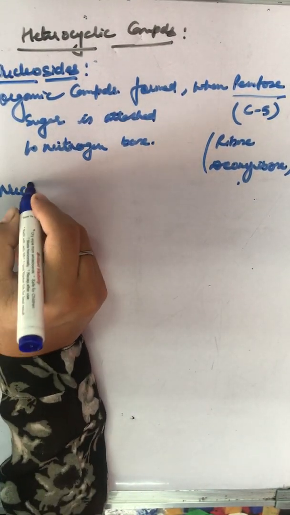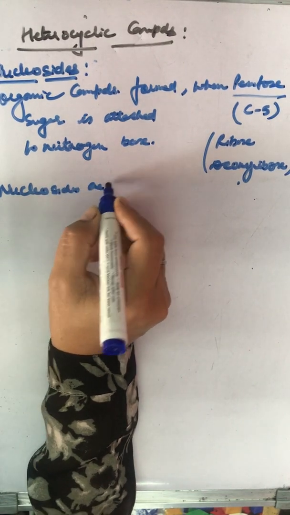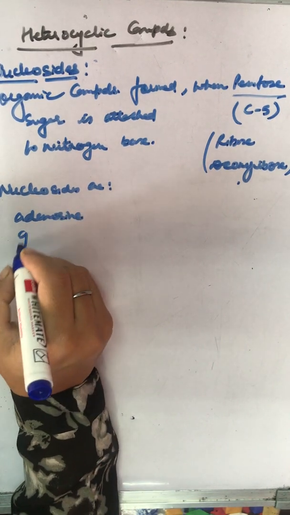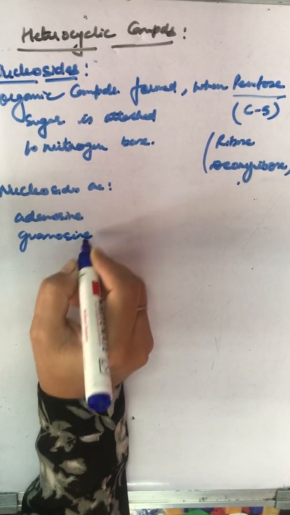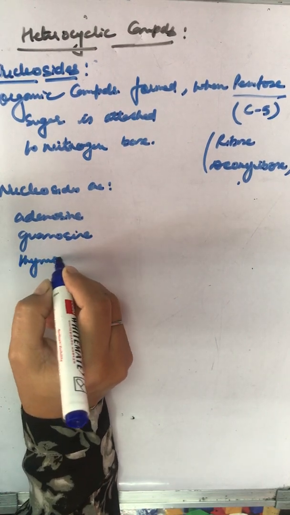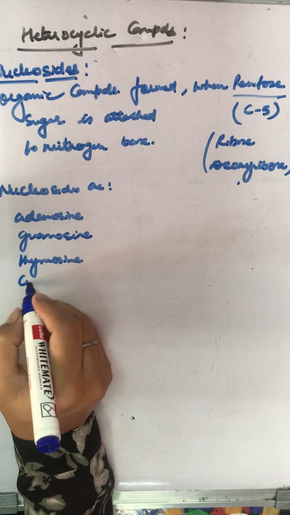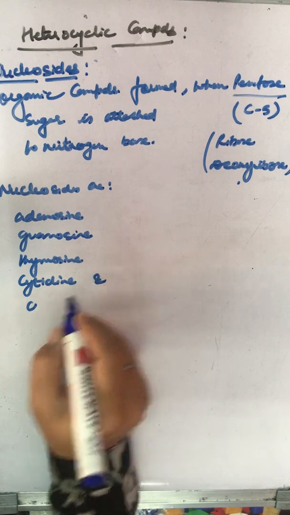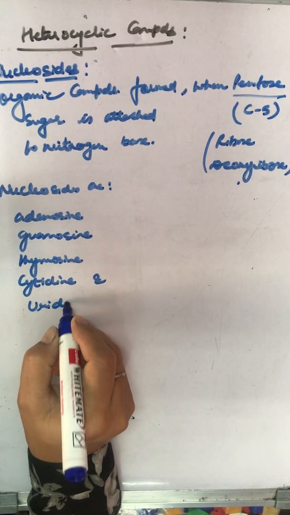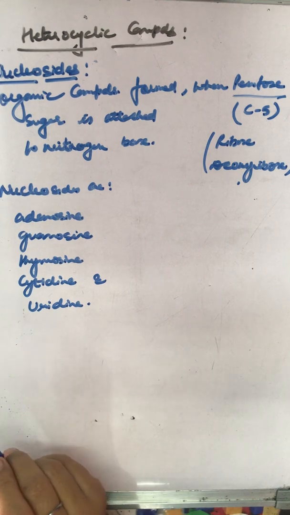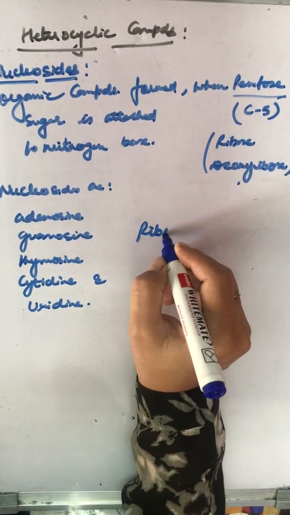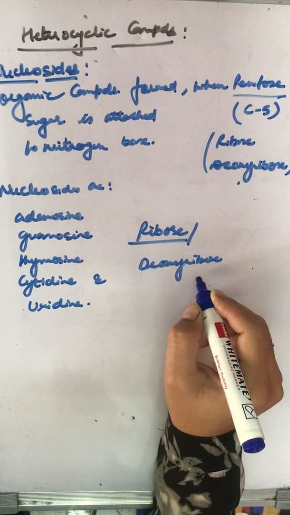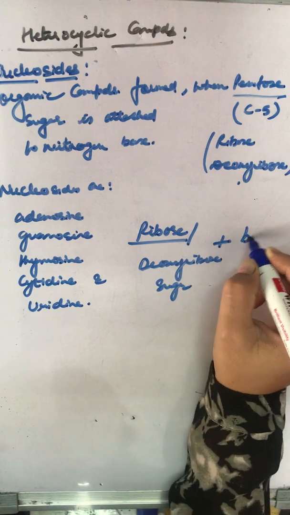So nucleosides are adenosine, guanosine, thymosin, cytidine and uridine. That means when the ribose sugar or the deoxyribose sugar is attached with the base.